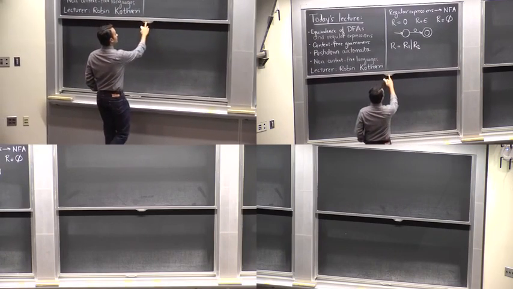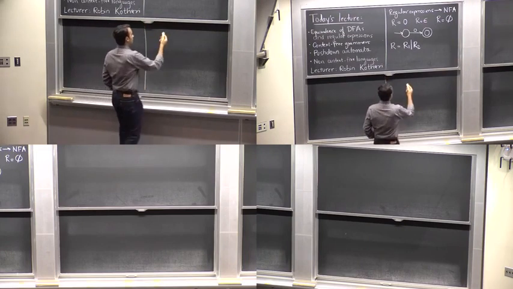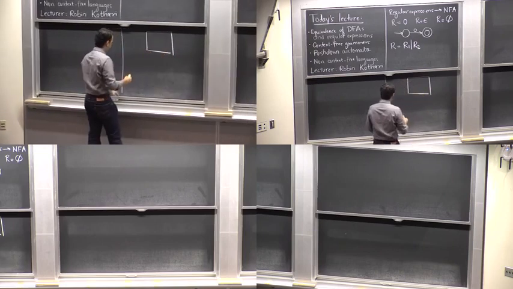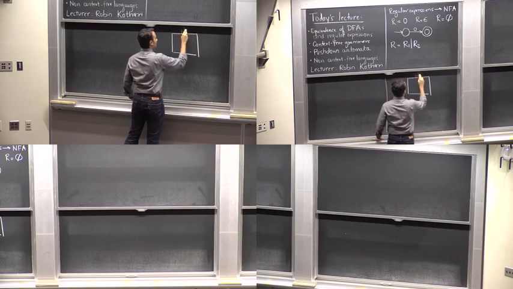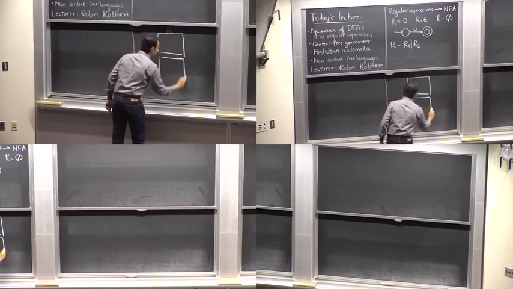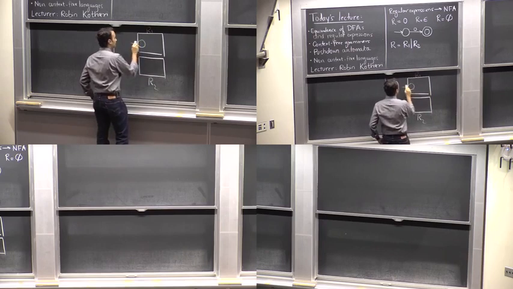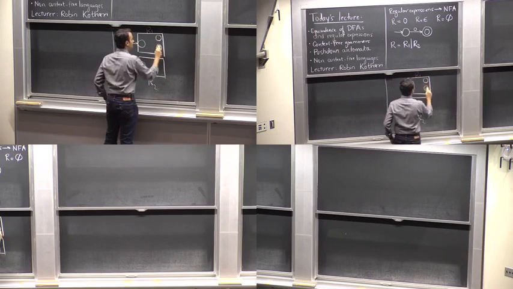Let me continue that here. Let's say this is an NFA for R1, and this is an NFA for R2. Each has some start state and a bunch of accepting states.